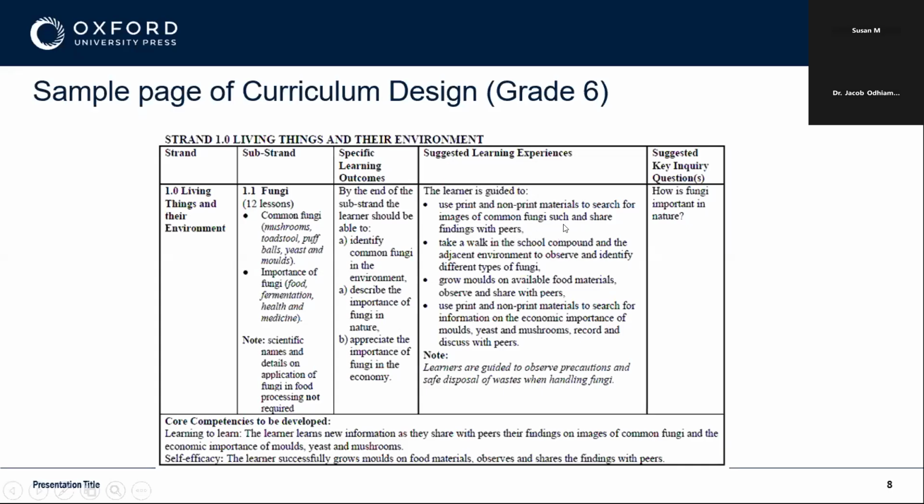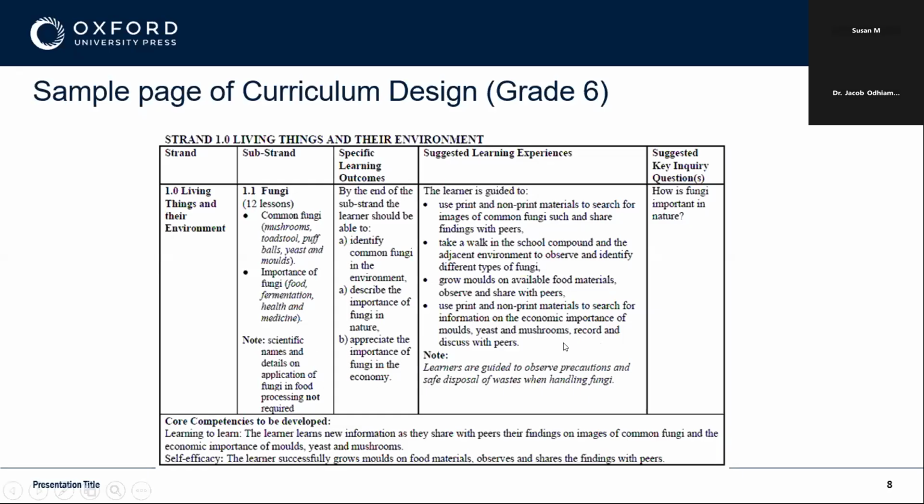So in your class, for example, if you have a problem of using non-print media like computers, then you can use the print media because both are suggested, or you can use both. You can use one or both. That is what suggestion there means.